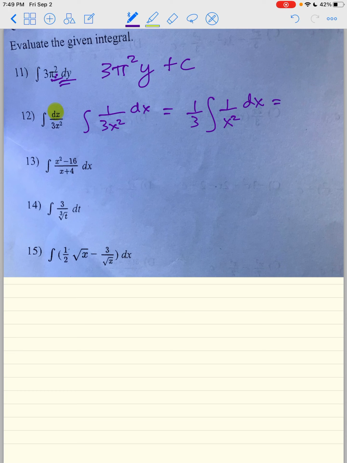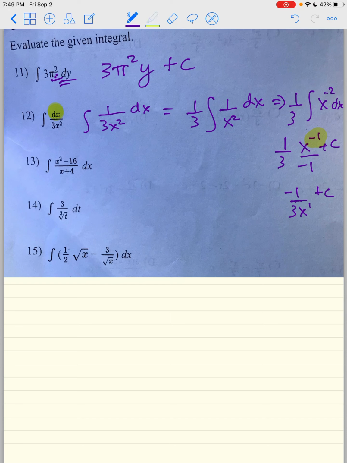And you could just bring the x squared up because remember, we can't integrate quotients. Add 1 and then divide. So when you add 1, you get negative 1, divide by negative 1, plus c. So this is going to be a negative third. And because the x has a negative 1, you're going to bring that right back down. And that's your final answer.